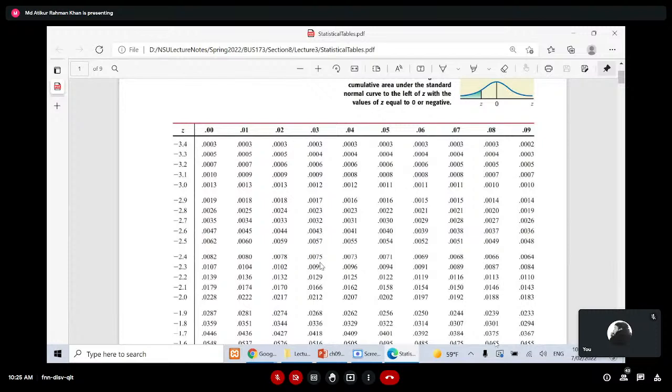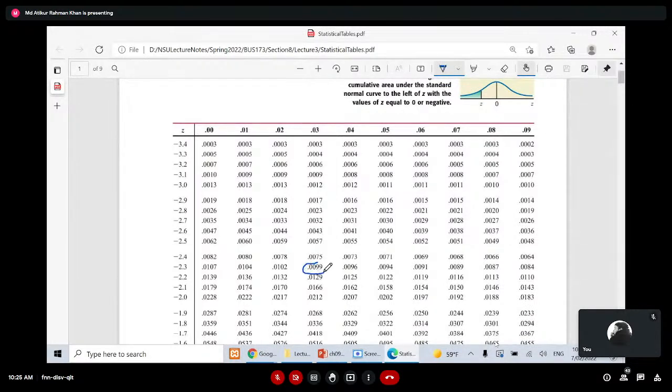This one is approximately 0.01. This one is 0.0102 and this one is 0.0099. So this is the closest one. So we can select minus 2.33, right? Minus 2.33.